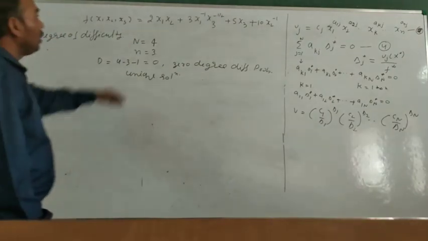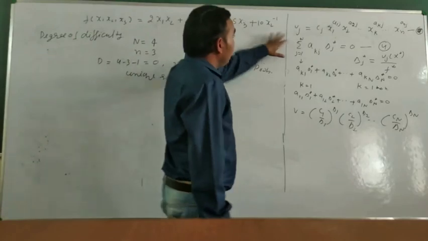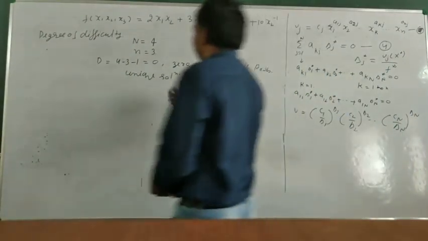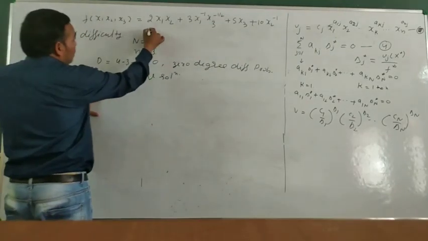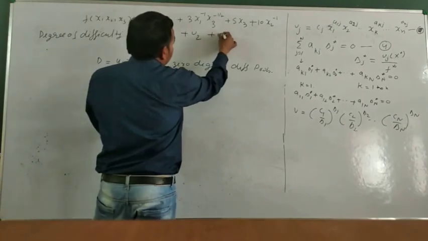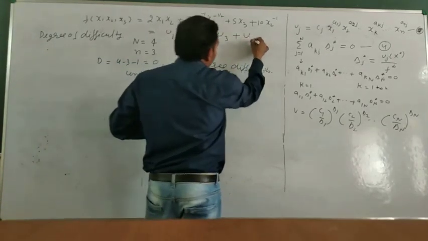So here we compare this term. This can be written as u1 plus u2 plus u3 plus u4.